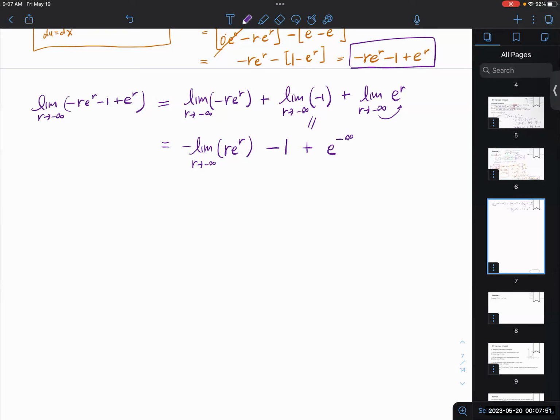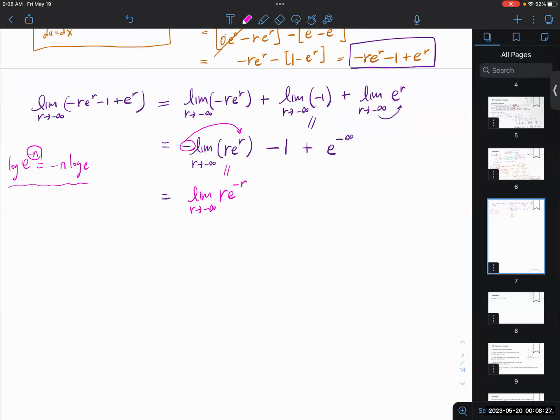So let's keep thinking about it. We're going to deal with the first part, the limit as r approaches negative infinity. This is a little bit of skill: you can bring the negative into the exponent according to the exponent rule. So this is the same as the limit of r e to the negative r.